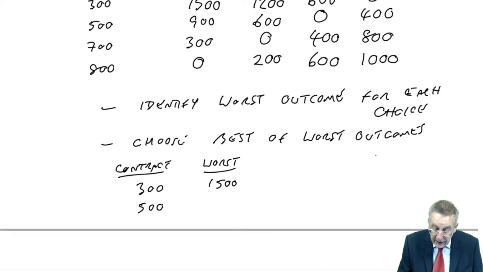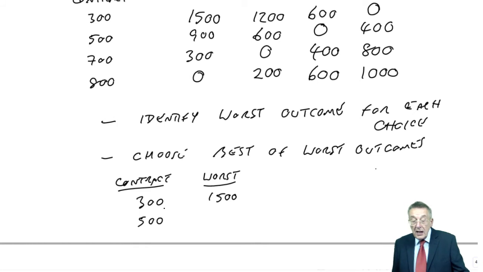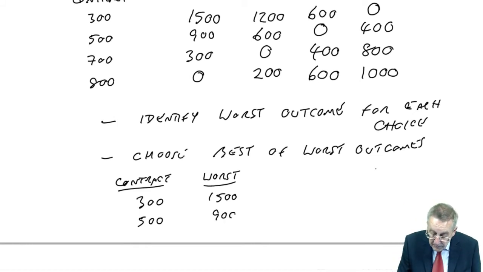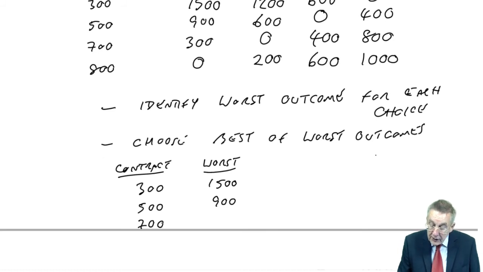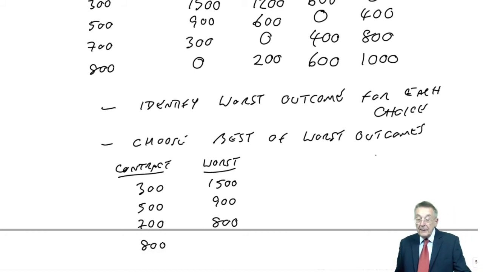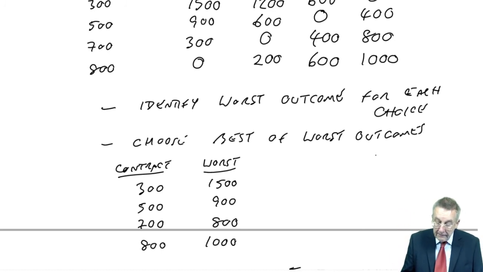Similarly, if you contract for 500, the regret, in a sense the loss, is either 900, 600 or 400. The worst, the biggest loss is 900. If you contract 700, the worst is 800. If you contract 800, you either lose 0 or 200 or 600 or 1,000. The worst is you lose 1,000.